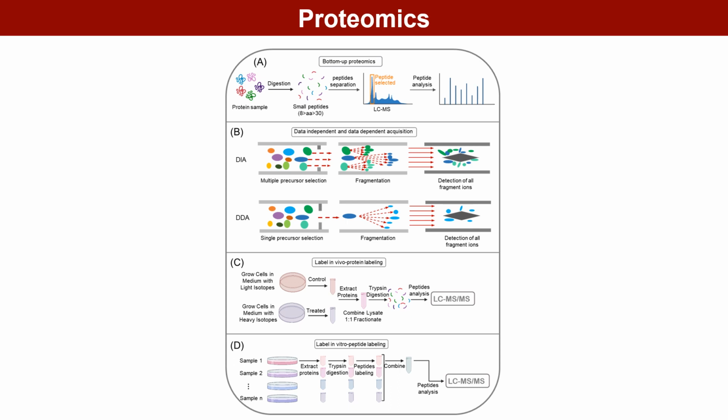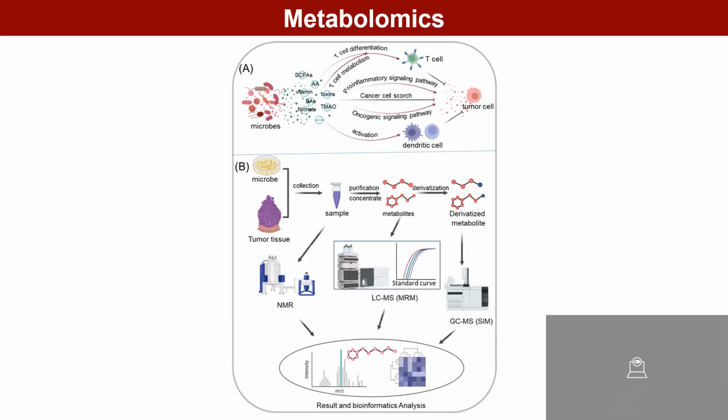The two broad approaches towards shotgun proteomics, data-independent acquisition, DIA, and data-dependent acquisition, DDA, can be both utilized for tumor microbiome research. DIA tends to be popular to study pathogenic organisms and clinical samples, particularly when looking at understudied organisms or complex tissue samples. DDA is more widely used and tends to be important for targeted analyses.